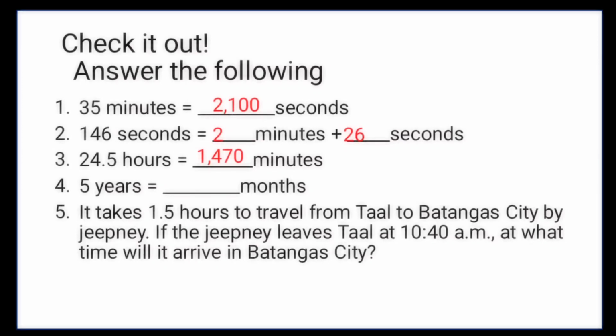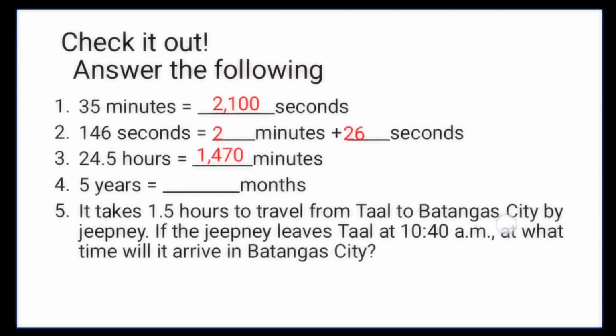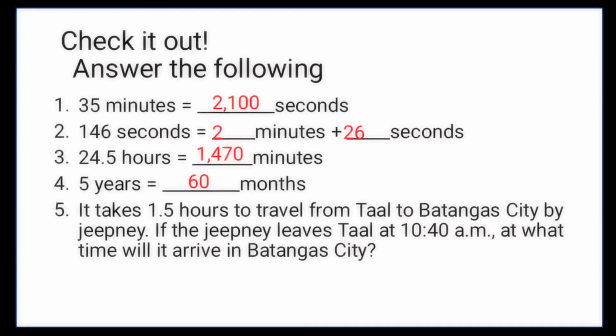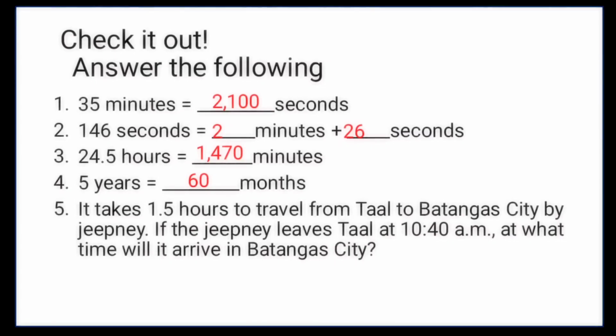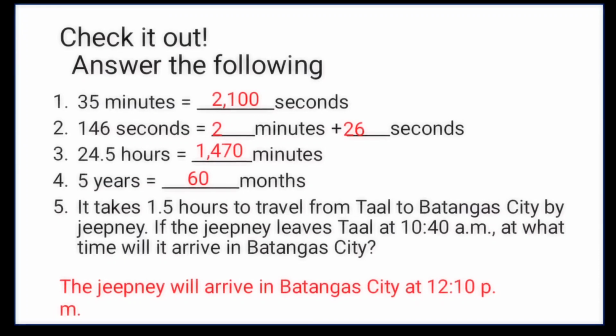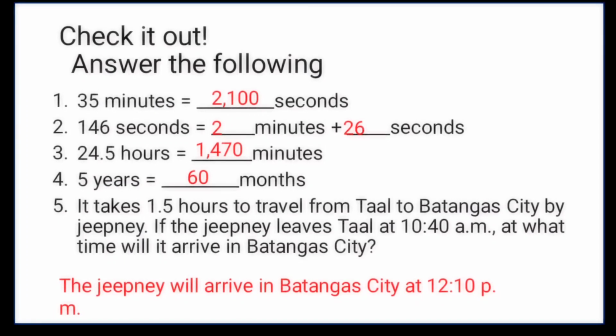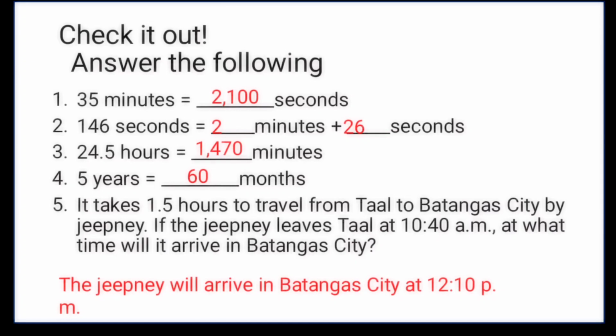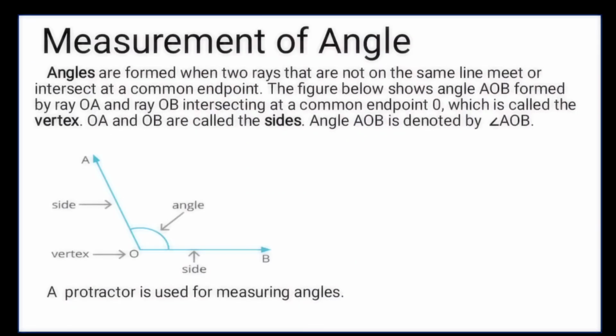For number 4, 5 years is equal to 60 months. And for number 5, the jeepney will arrive in Batangas City at 12:10 p.m. Okay? Now, let's proceed to measurement of angle.